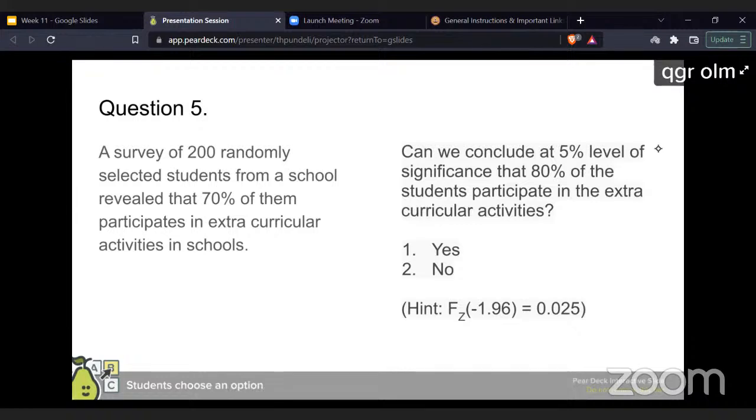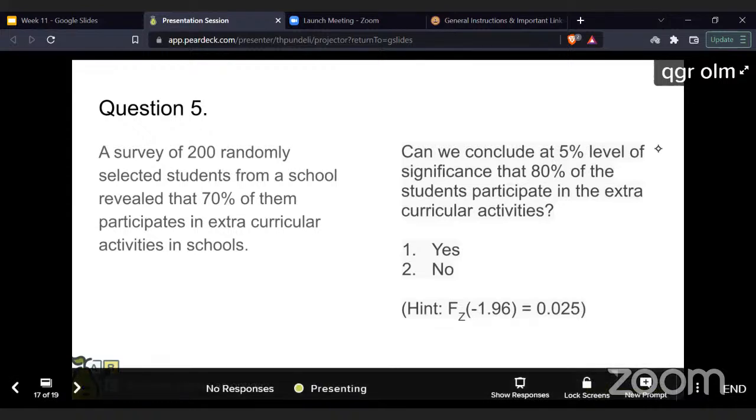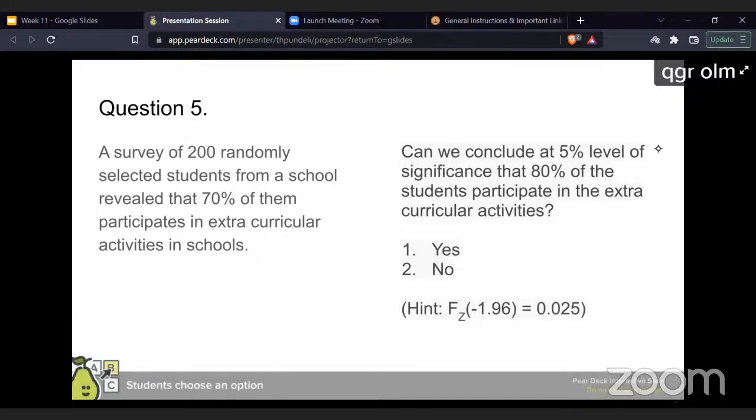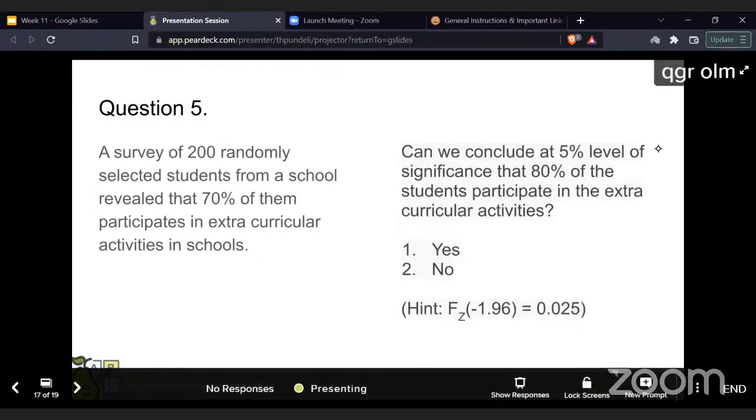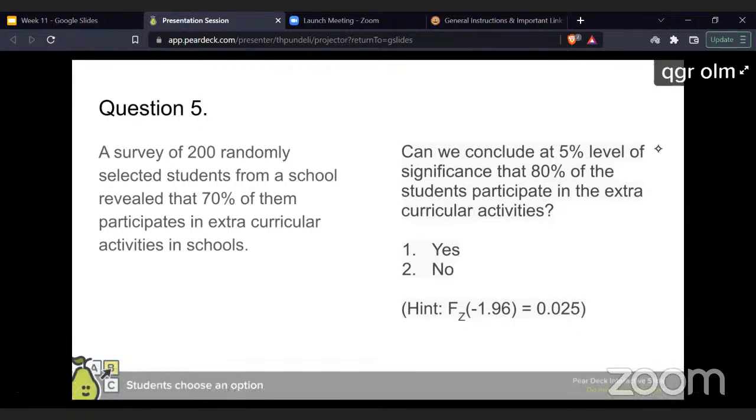So the question says, can we conclude at 5% level of significance that 80% of the students participate in the extracurricular activities? So what is the null? The first question. What is the null hypothesis? 0.7. Okay. Anybody else? 0.8.